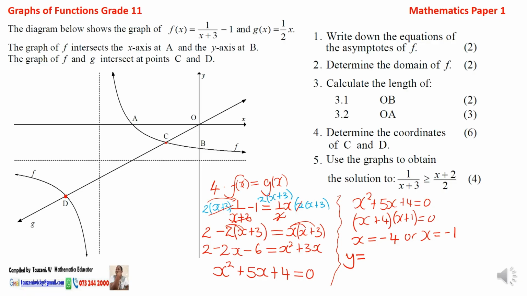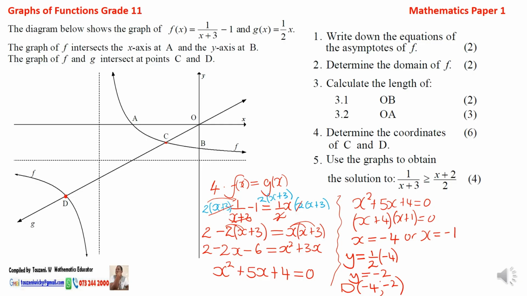To save time, use the simpler equation. y is equal to half x, the equation of g. Then in this equation, we put minus 4 in place of x. This will give us y is equal to half of negative 4. That's minus 2. It means the coordinates of point D are minus 4 and minus 2.